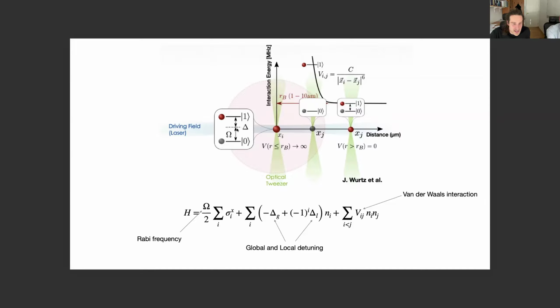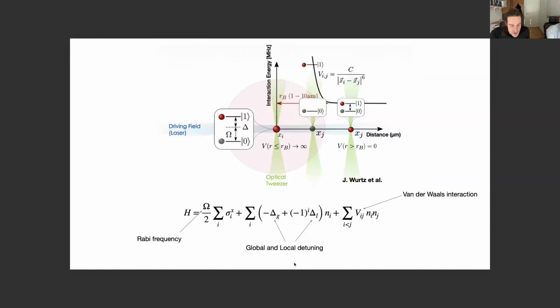So this parameter is related to the Rabi frequency, to this Rabi oscillation. And then you have something called detuning, which is essentially the difference in frequency between the transition and the frequency of the lasers. They are not exactly the same. And this gives you the ability to tune these other parameters.